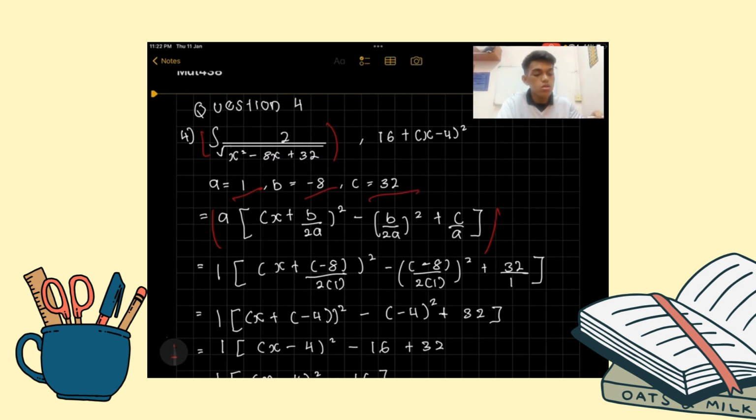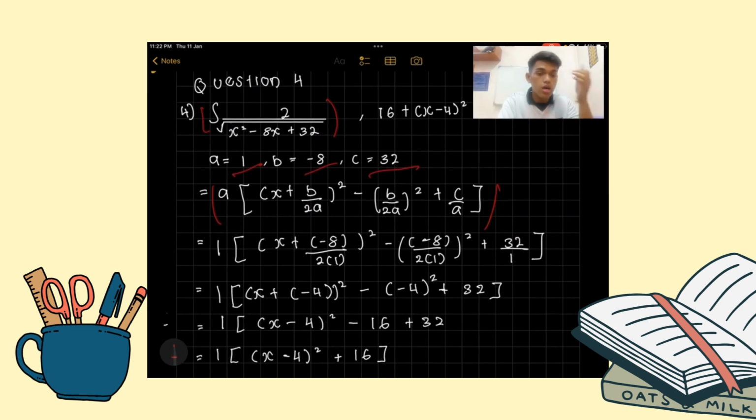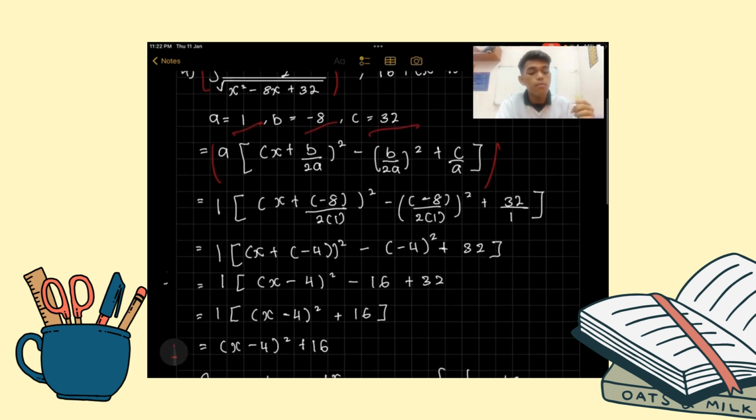After we put the values into the formula, it becomes 1 times x plus negative 8 over 2 times 1 squared, minus negative 8 over 2 times 1 squared, plus 32 over 1.